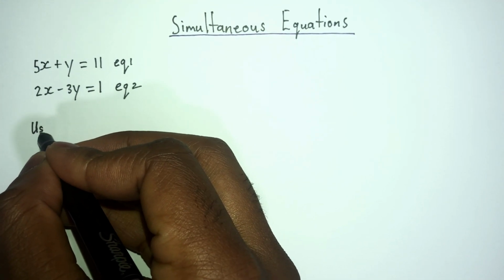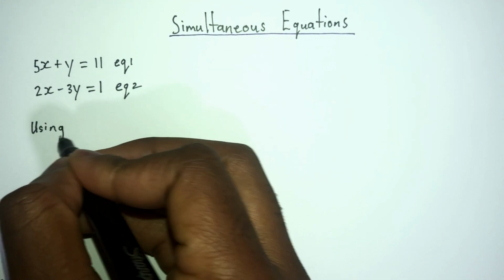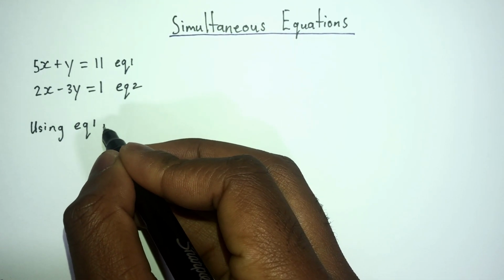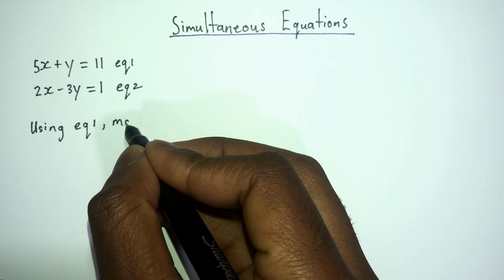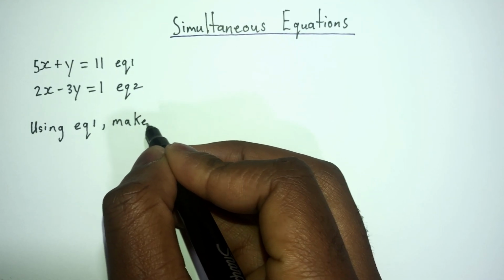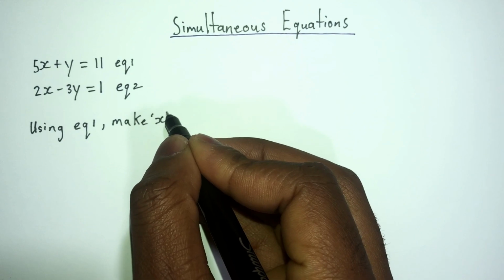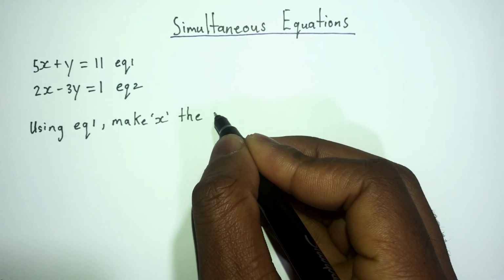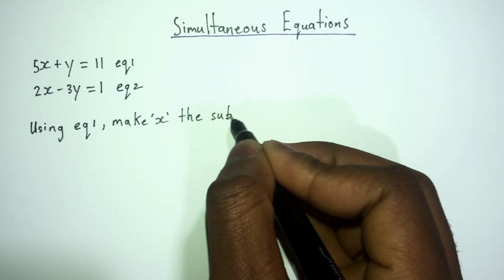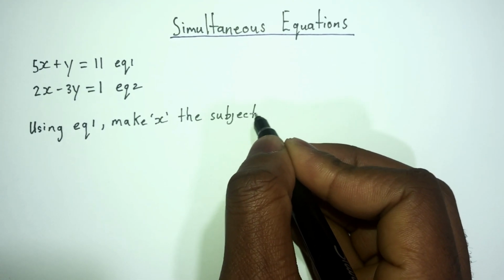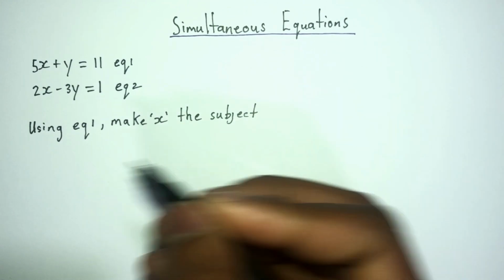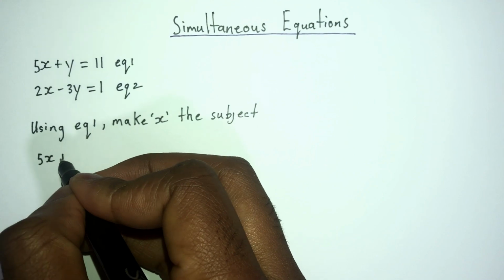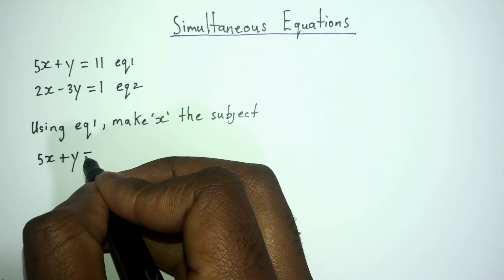Using equation 1, make x the subject. So equation 1 is 5x plus y equals 11.